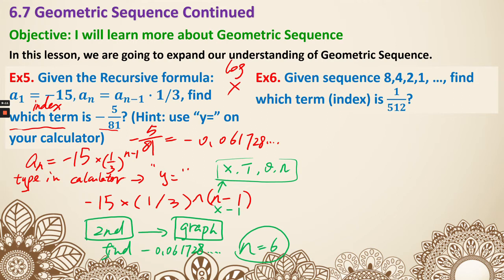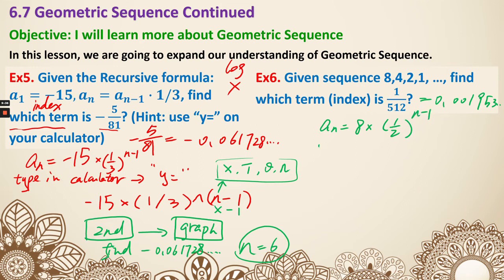Next, example 6. Same process. Let's find the explicit formula first, and we also need to know what 1/512 is in decimals. That is 0.001953. And a sub n is 8 times 1/2 to the n minus 1 power.